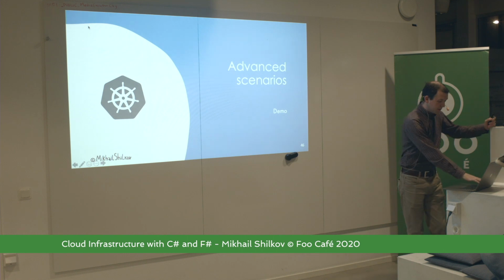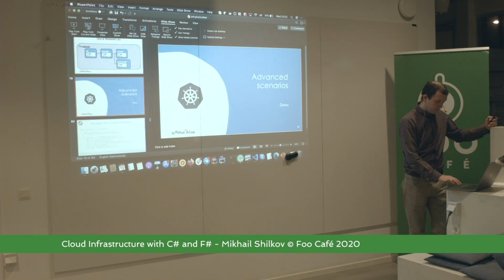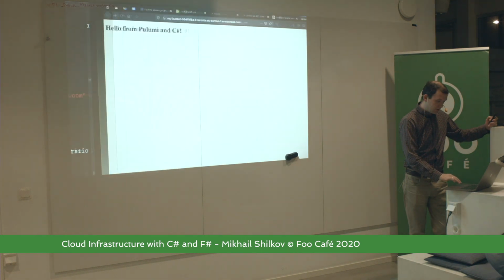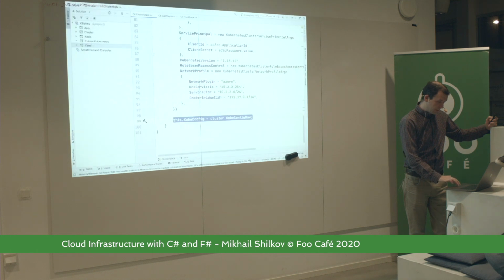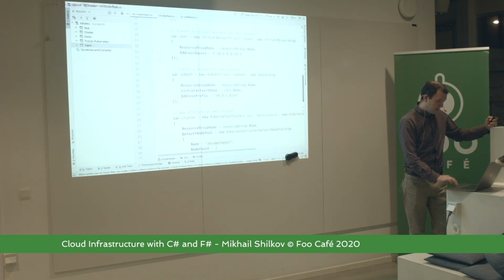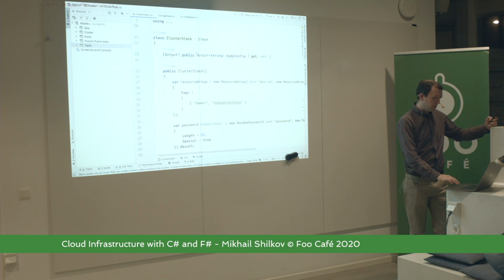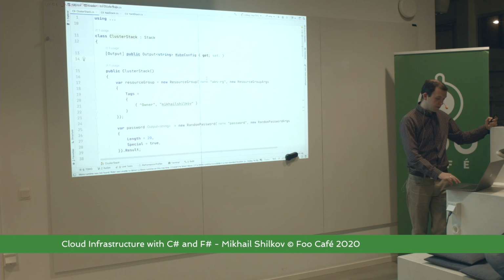So, a quick demo about this. I have a sample solution with multiple projects. I'm going to show two of them. The cluster project creates all the infrastructure, so networking and the Kubernetes cluster.